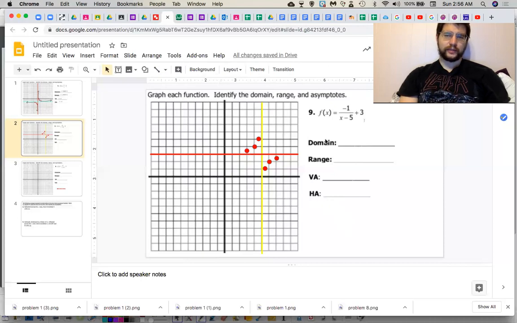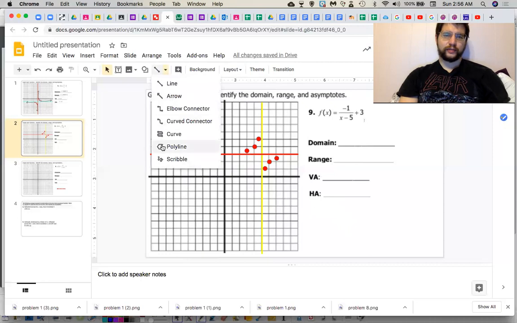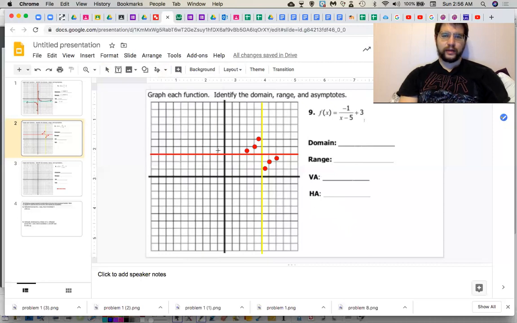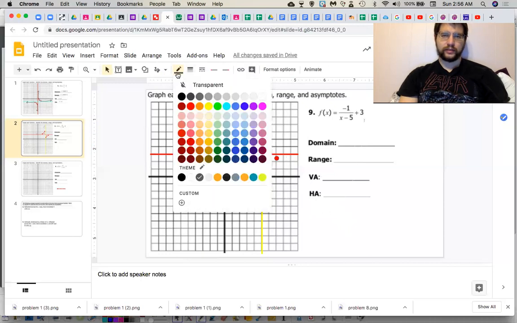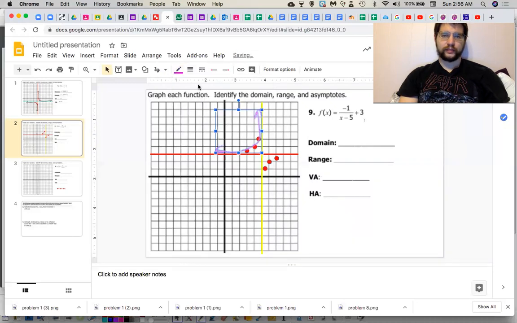So there's my dots, there's my asymptotes. Let me scribble now. I'm going to try and go all at once. Let's see how I can do this. That's not too terrible. That's a purple color. Oh, okay, still we'll see. Blue. All right. And if you just saw that, you can actually make these dotted.